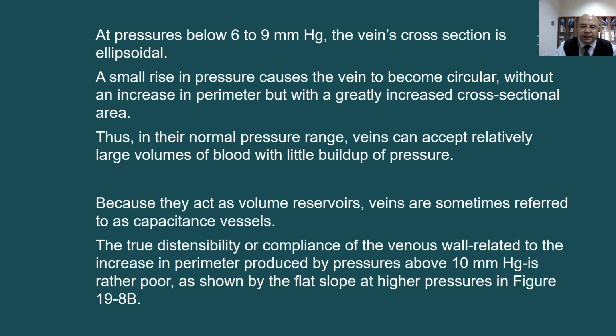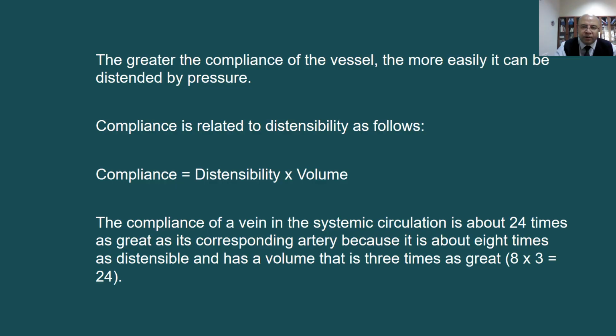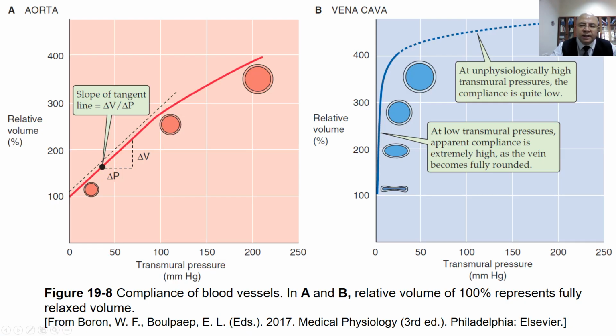Okay, let's go back to the figure. I will come back to the next slide. Now you see this explanation here. In the very beginning, the shape of the vein changes, increasing the cross-sectional area.